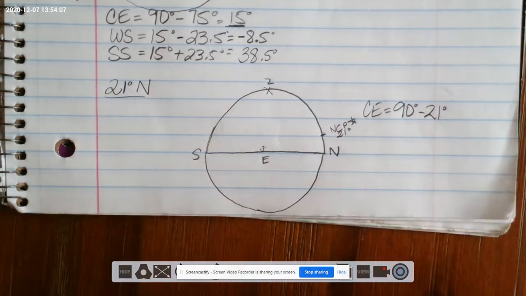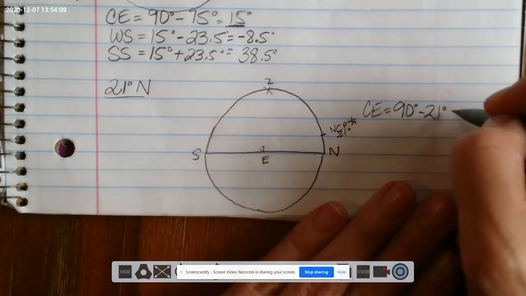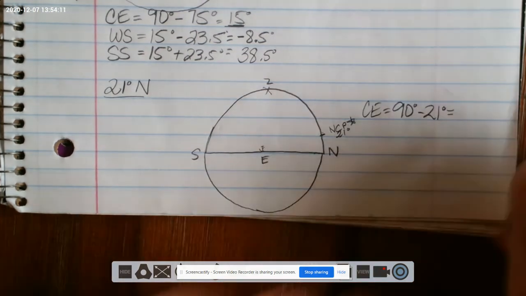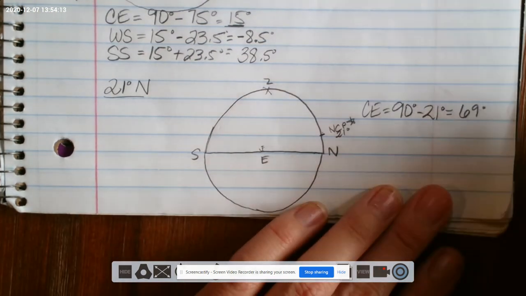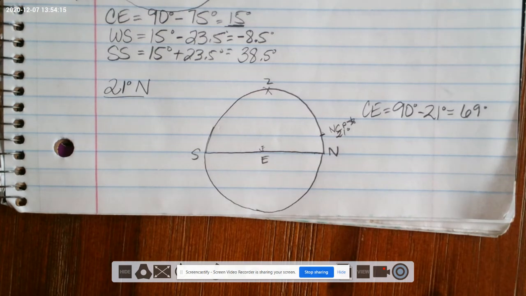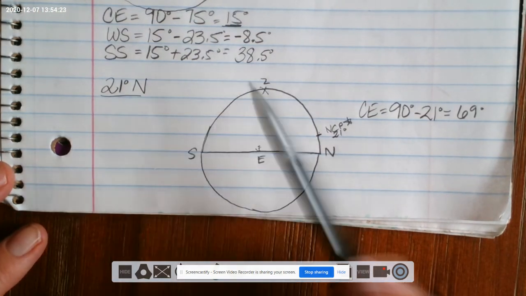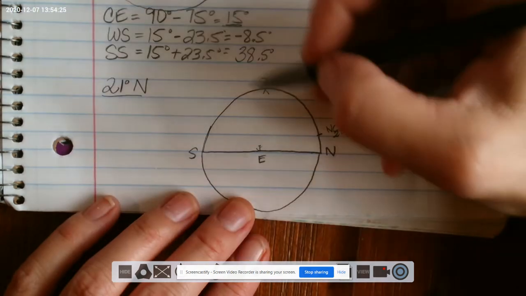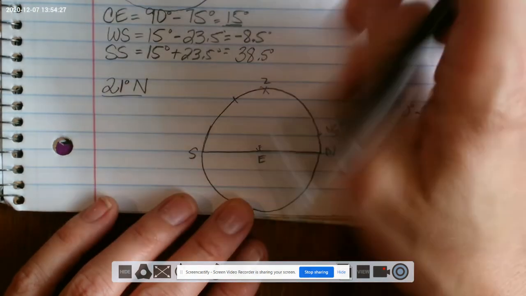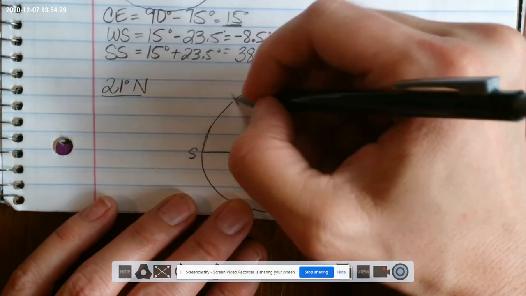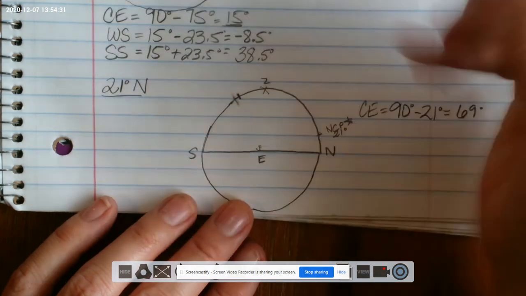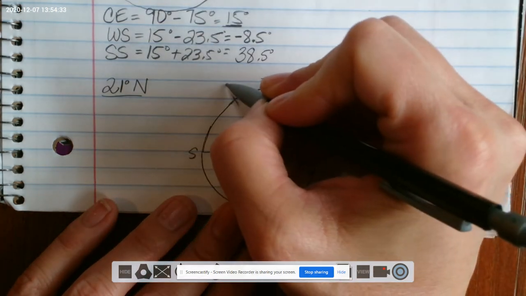So if I do 90 minus 21, I'm going to get 69 degrees. Or no, I'm sorry, not latitude, where our path would be. So again, it's 90 degrees away. So I kind of eyeball that and note that it'd be somewhere up here. That might be a little low. Let's go kind of right there. And say that's the celestial equator, 69 degrees.